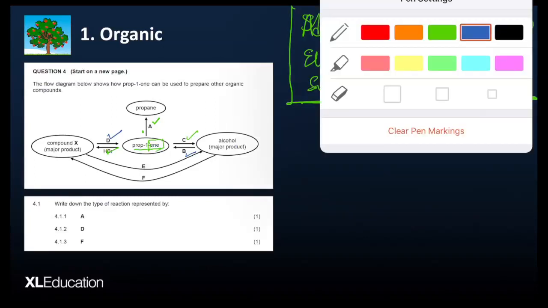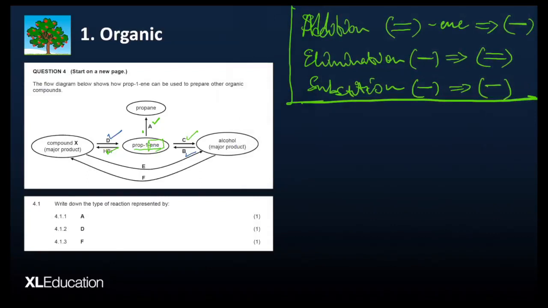Right, from there, let's have a look again. Which one of these now is our substitution reaction, meaning a reaction where a saturated molecule reacts to give us another saturated molecule. This molecule is saturated, is reacting to give us another saturated molecule. So this is a substitution reaction. Also, the same applies with F. It's a substitution reaction. Right, let's go through the questions now.